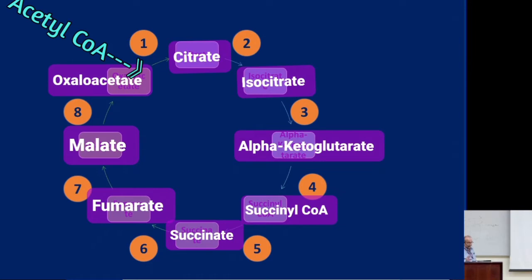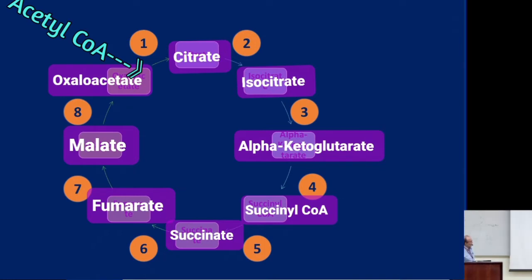Those are very important key things to always ask yourself about every pathway and cycle. So we're starting with acetyl-CoA that came from pyruvate through pyruvate dehydrogenase. This is a 2-carbon molecule that you want to condense with another molecule called oxaloacetate.